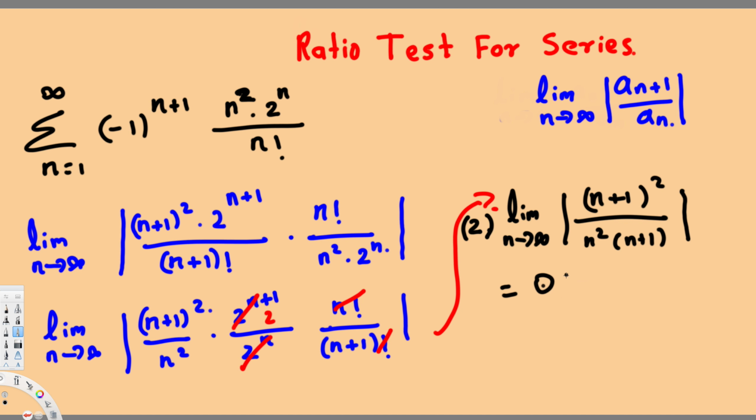And you can see this is less than 1, right? So this is less than 1, therefore this converges. Therefore this is an absolutely convergent or convergent series. You can say both of them. This is a convergent series, and that's how we do this kind of problem.